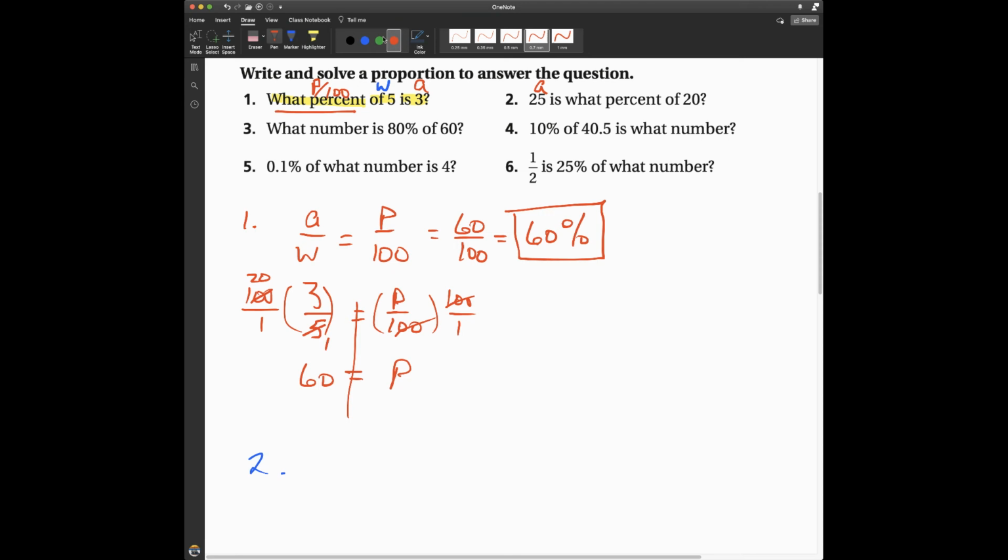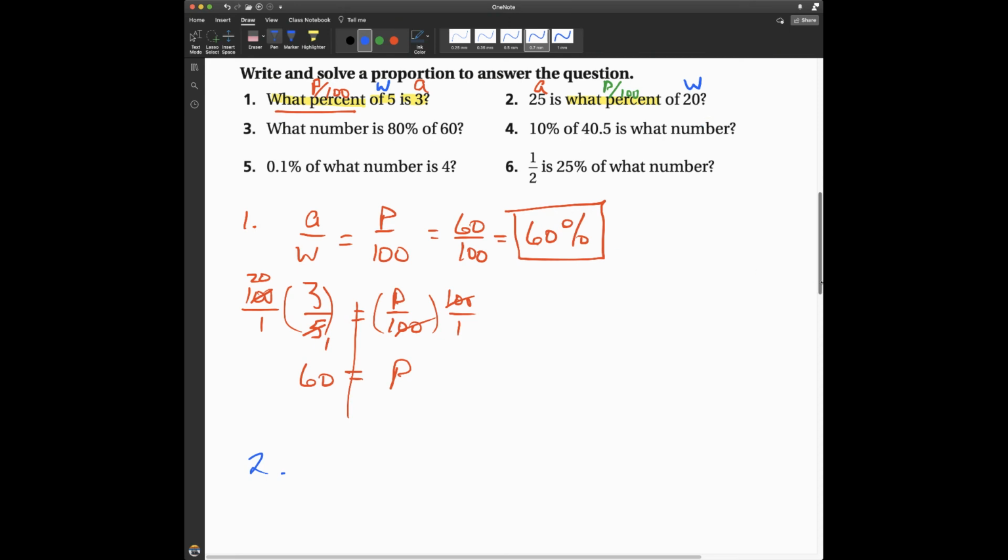What percent is pretty self-explanatory. That is going to be my P over 100. And then I have of 20, so this has to be my whole. The whole is by the word of.